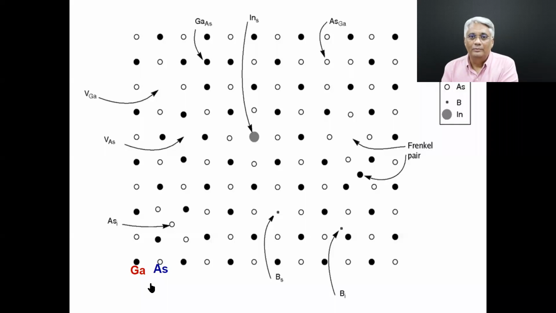So 3 to 5 atom percent of dopants brought into the crystal lattice can change the resistivity values by 3 to 4 orders of magnitude. That is the beauty of doping in crystals, doping in lattices, doping in compounds.